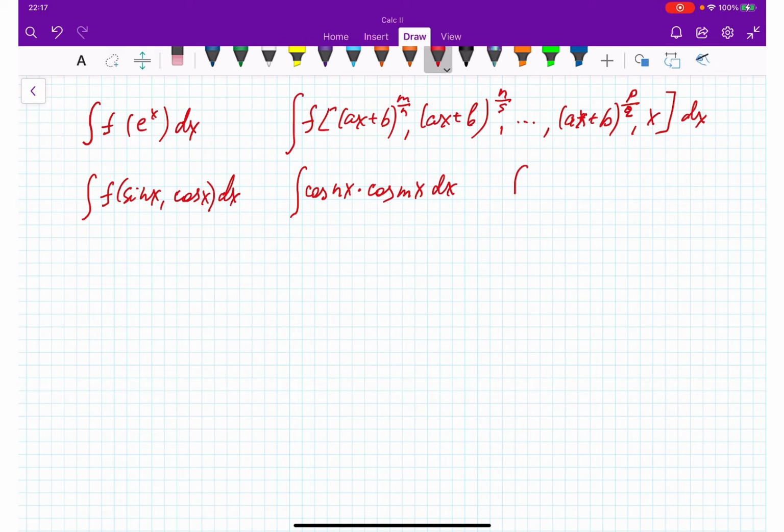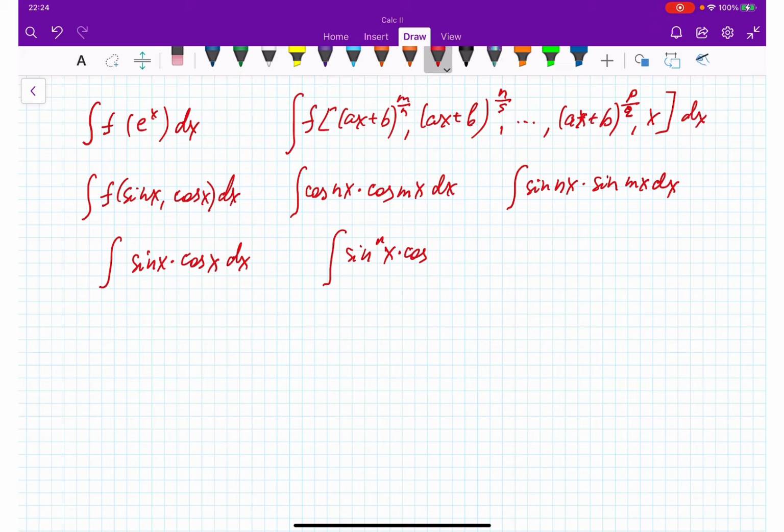Accordingly, it's going to be an integral of sine nx times sine mx dx, and a combination of sine and cosine, sine x times cosine x dx, and lastly a combination of sine and cosine with some degree, sine degree n x times cosine degree m x dx.